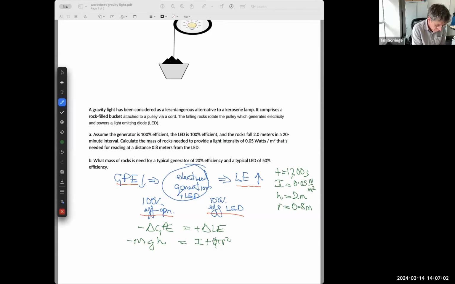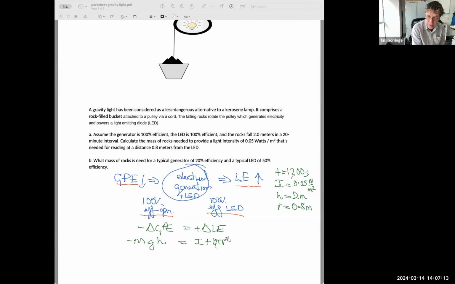And if I multiply this quantity IT in joules per square meter by this surface area here, which is in meters squared, that's going to give me a number of joules. That's the number of joules that are flowing out of the light, leaving the light, and passing through this imaginary spherical surface where we're trying to read a book.